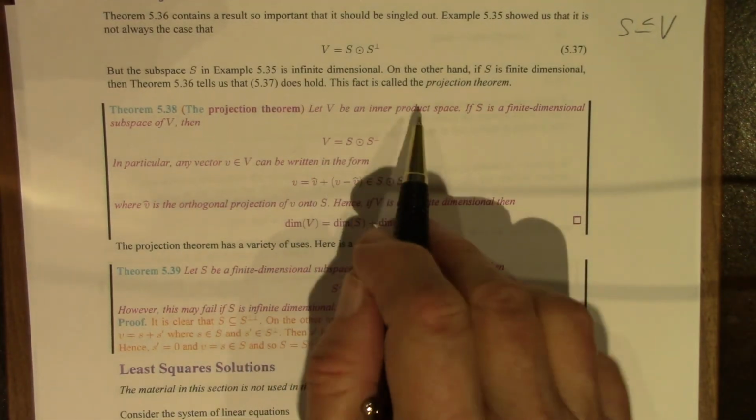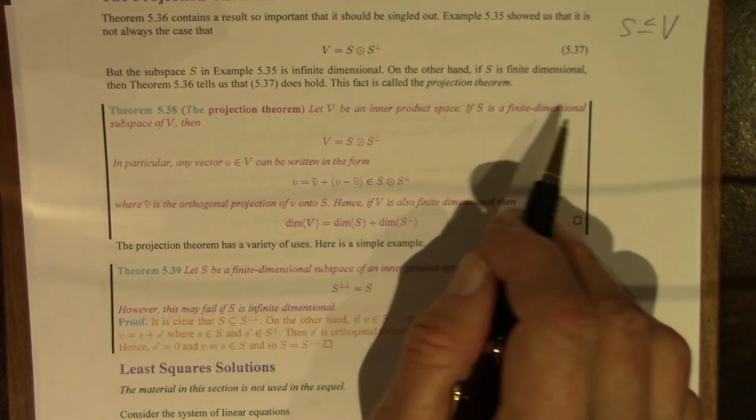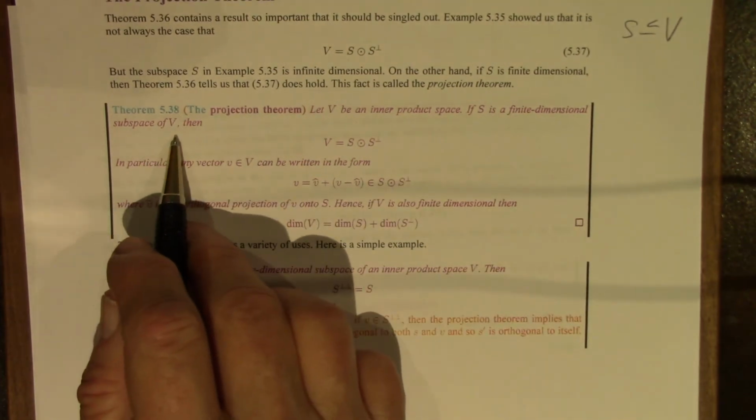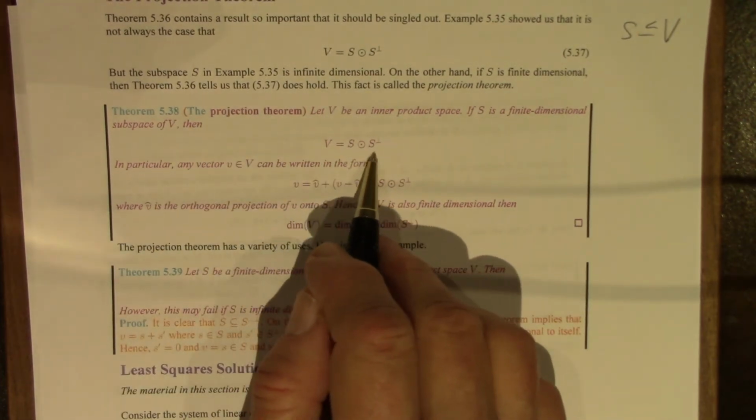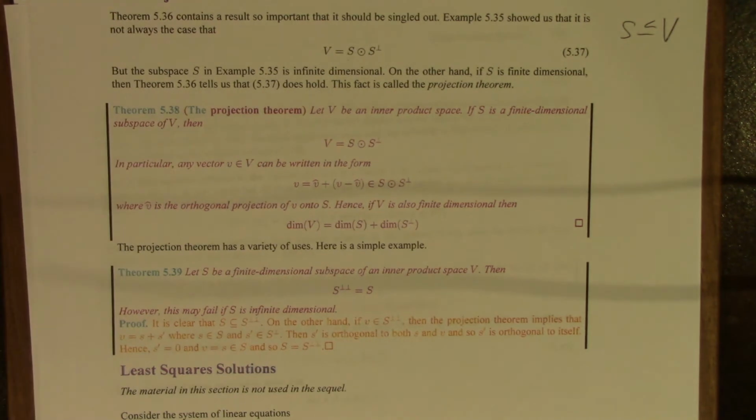Let V be an inner product space. If S is a finite dimensional subspace of V, then V equals S orthogonal direct sum S perp.